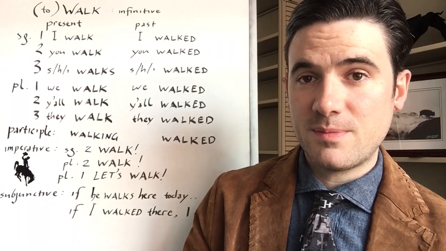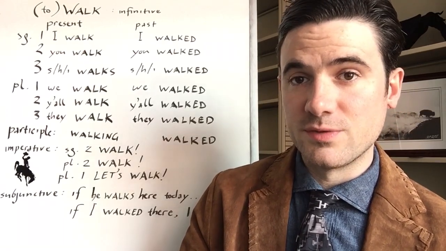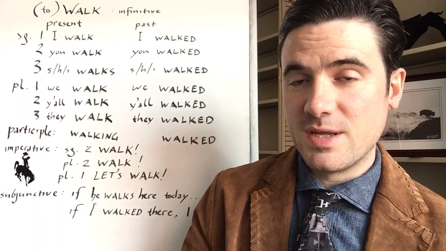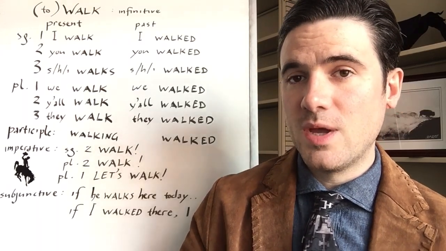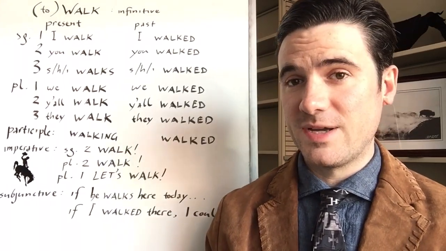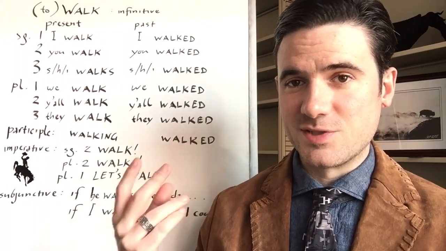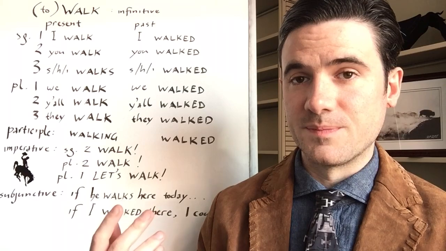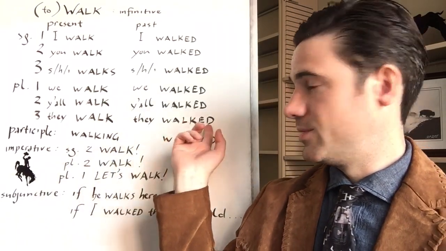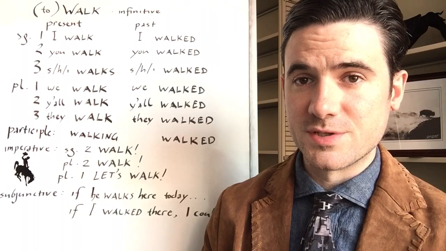So drive, past tense, drove, that's a strong verb. Ride, past tense, rode, that's a strong verb. Take, past tense, took, that's a strong verb. But weak verbs are the verbs that form their past tense by adding a dental consonant in the ending. So in English that means a D or a T. Typically it's spelled as ED in English.